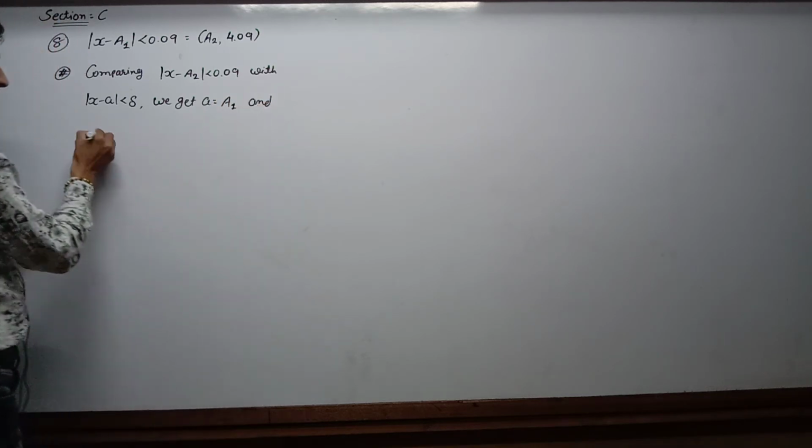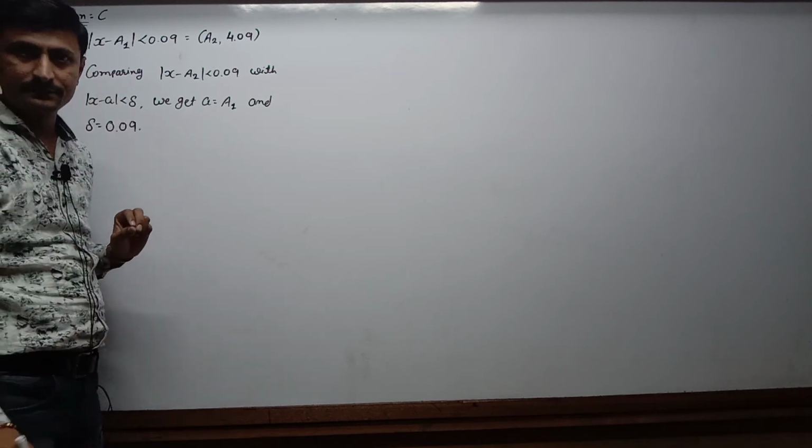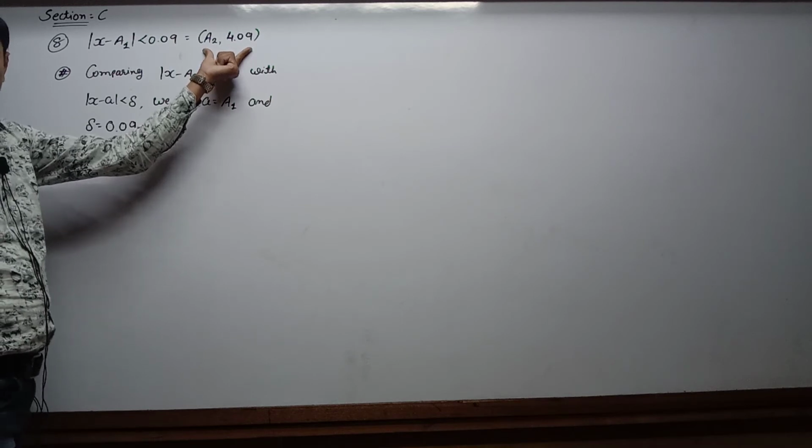And delta is equal to 0.09. Now next, comparing interval form, opposite side.